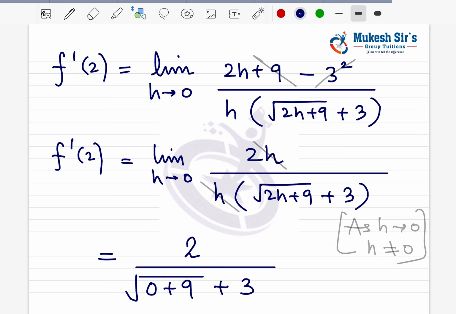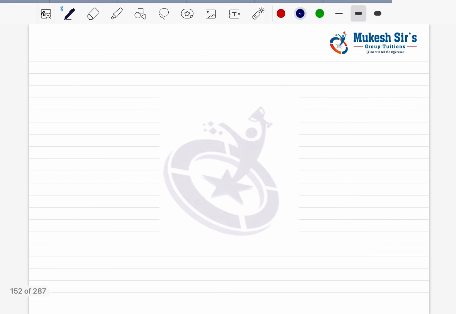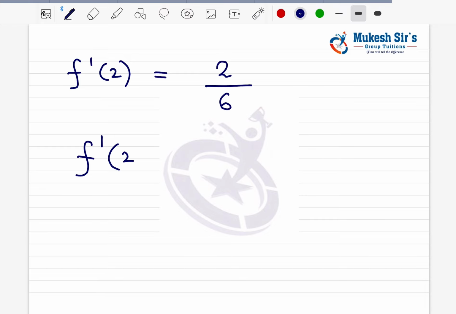Now everyone knows root of 9 is 3, so 3 plus 3 becomes 6. So f dash 2 becomes 2 in the numerator and the denominator becomes 6. So the answer f dash 2 is equal to 1 by 3.